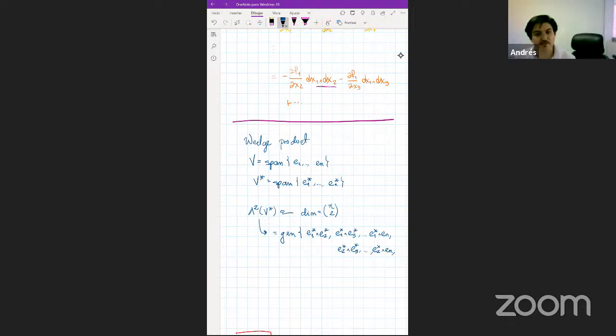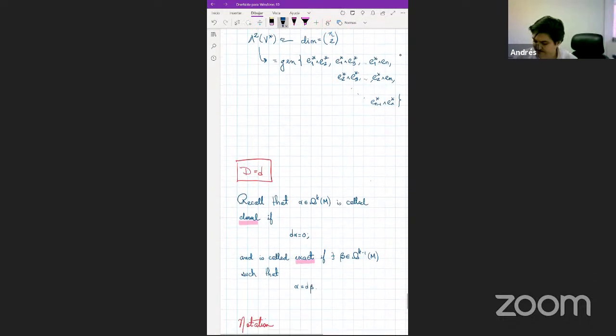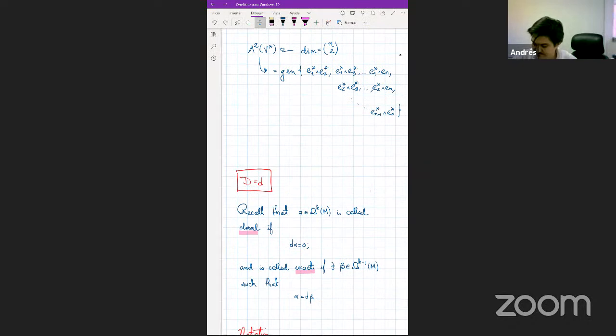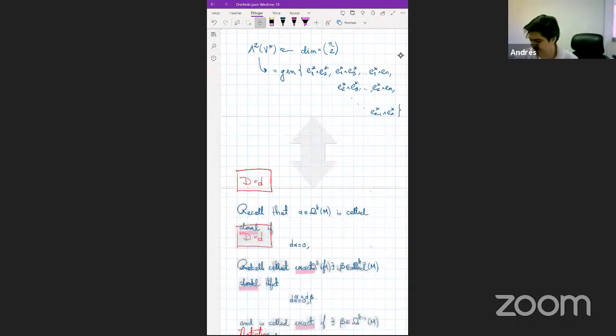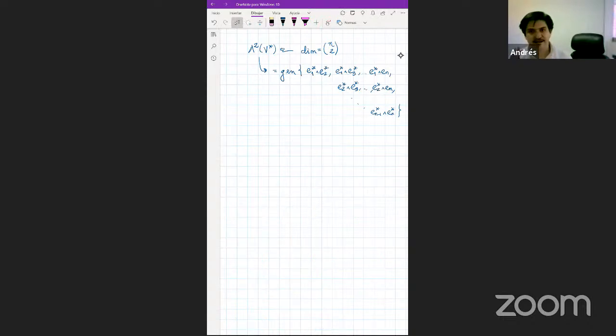They have to be linearly independent. That's why I don't have E2 star wedge E1. And so you go all the way up to here.